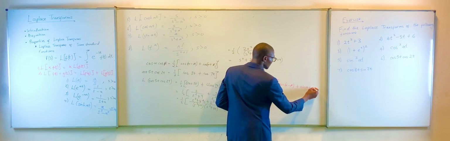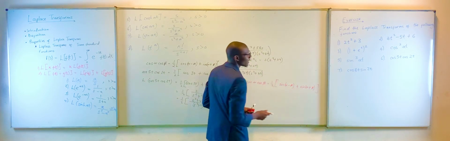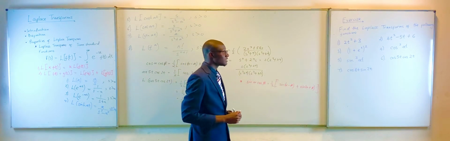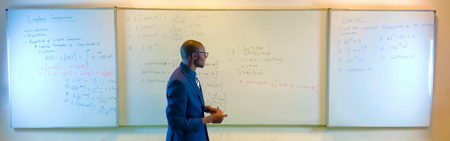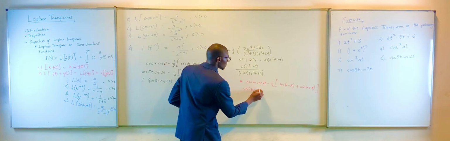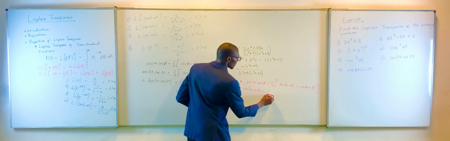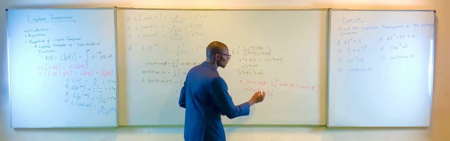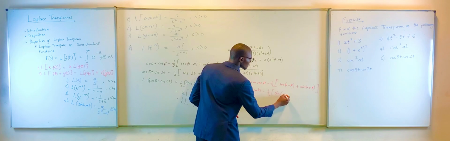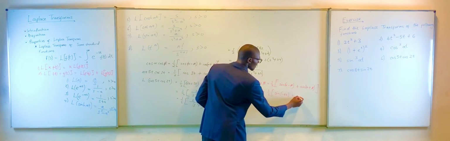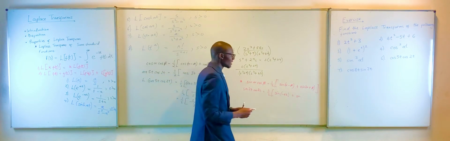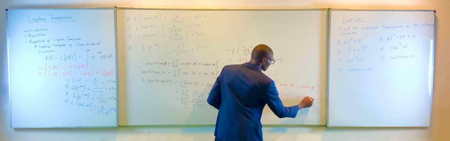But now you really have to be careful, because in this case your alpha is 2t, then your beta is 8t. So sine 2t cos 8t would be equal to half of sine 2t minus 8t, that's minus 6t, plus sine of alpha plus beta, 2t plus 8t, that's 10t.